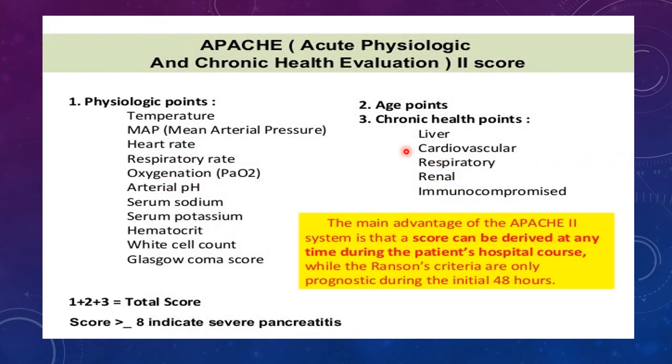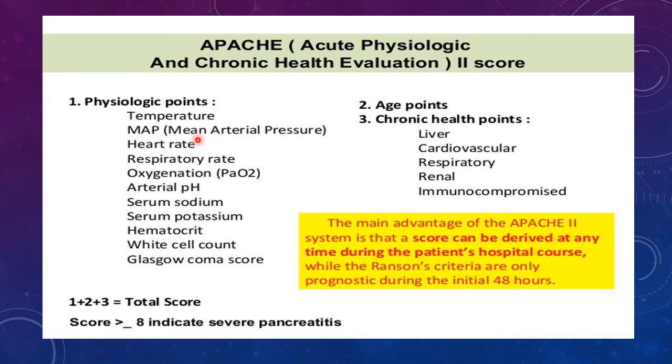The other system which is commonly used these days is the APACHE system, which is the Acute Physiology and Chronic Health Evaluation 2 scoring system. The main advantage of this APACHE 2 system is the score can be derived at any time during the patient's hospital course of stay. You need not do it on admission and after 48 hours.